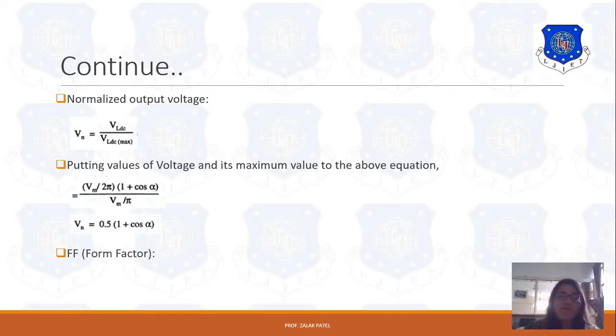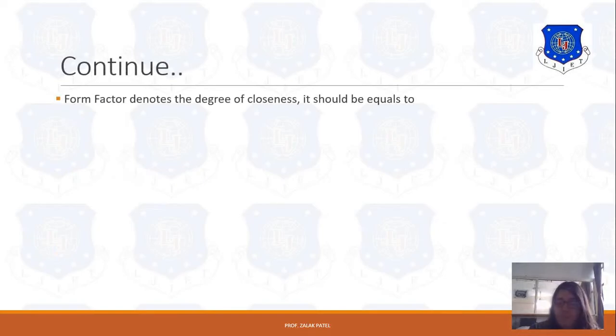Next is the form factor. Form factor is the ratio of RMS voltage to the DC voltage. Again the input voltage is considered, and in the numerator the root mean square value is used. So it will be Vm upon 2 into [1 upon pi (pi minus alpha plus sin 2 alpha divided by 2)] raised to 1 by 2, upon Vm upon 2 pi into (1 plus cos alpha).